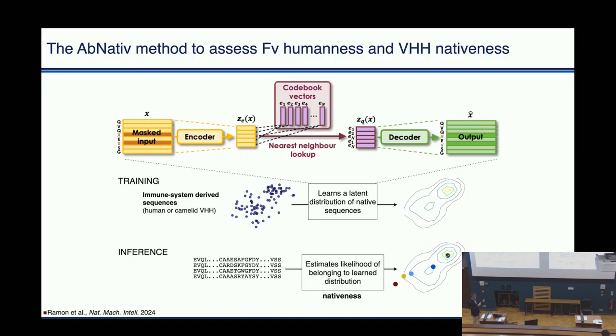And then when you use it, after you have trained it, you give it the sequences you are interested in, and what it does is essentially estimate the distance from the learned distribution. So if the distance is low, we say that you have a high nativeness. So your sequence is very similar to the immune system-derived ones. If the distance is high, then you have low nativeness.